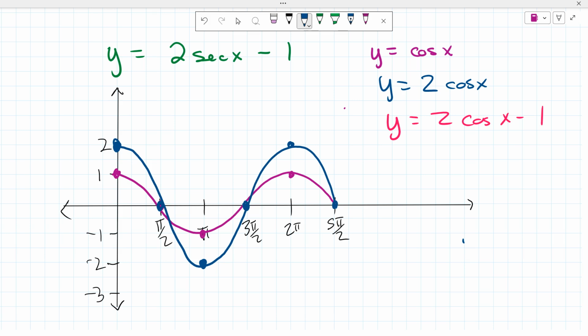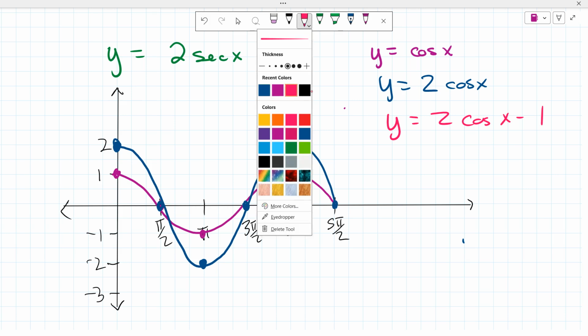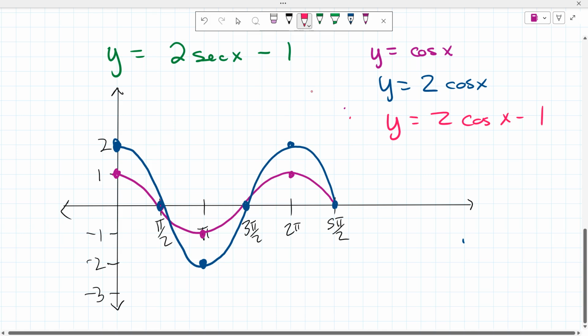What does the minus 1 do? Is that a stretch or shrink, or is that a translation? Translation. Translation where? Down 1. So translation down 1.